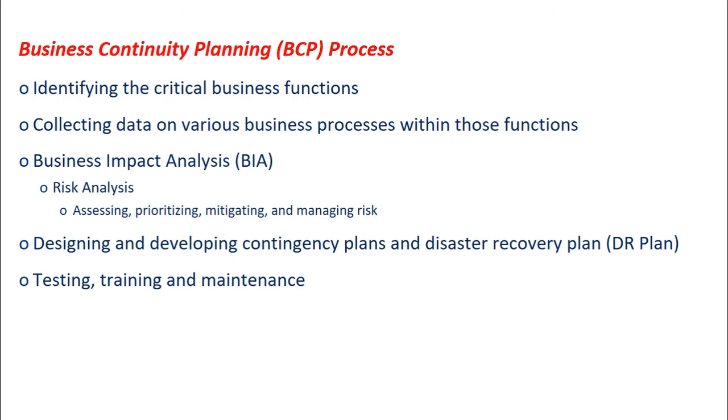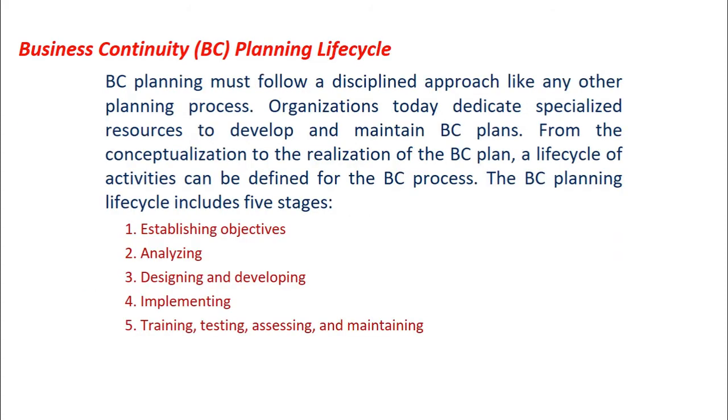It also involves the BIA or business impact analysis, where we perform risk analysis such as assessing, prioritizing, mitigating, and managing the risk. It is also used for designing and developing the contingency plan and disaster recovery plans. Testing, training, and maintenance are also involved as a part of this business continuity planning process.